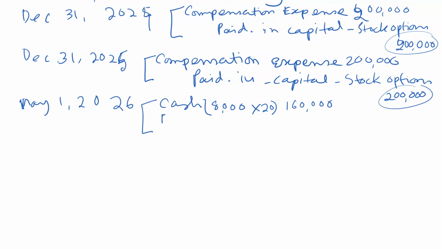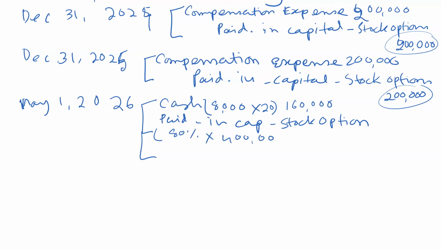So we will debit paid in capital stock option, and we will calculate the number here: 80% of the total amount of 400,000. So we are going to debit 320,000.